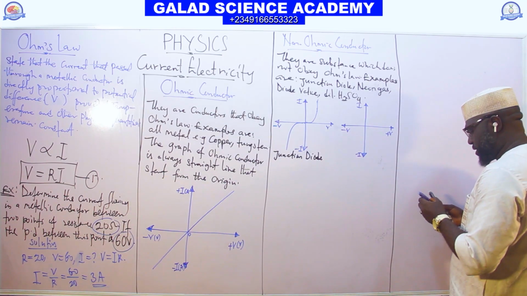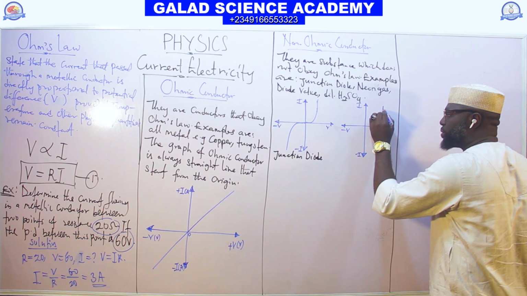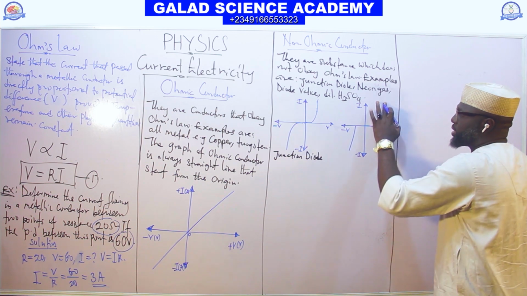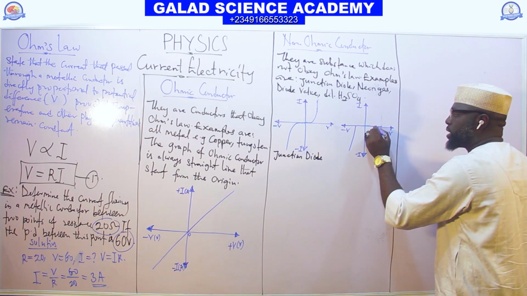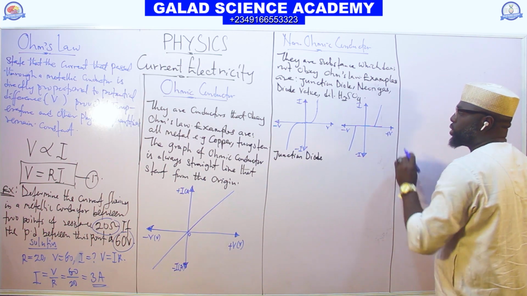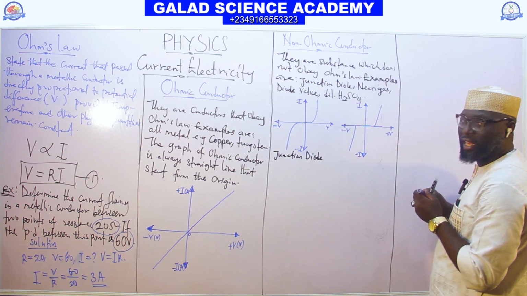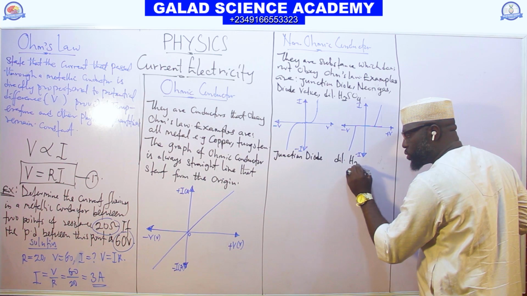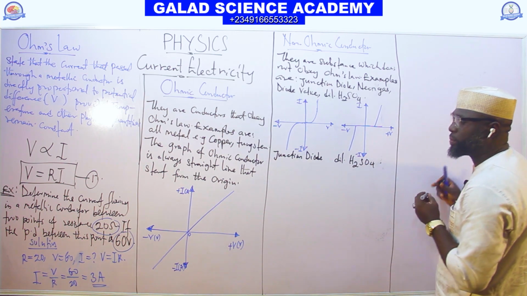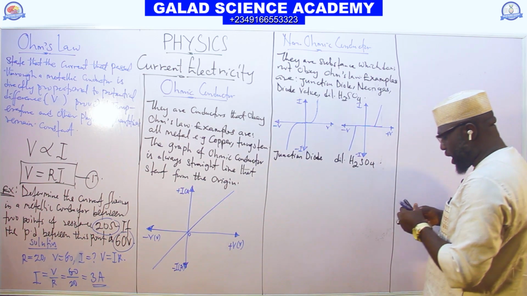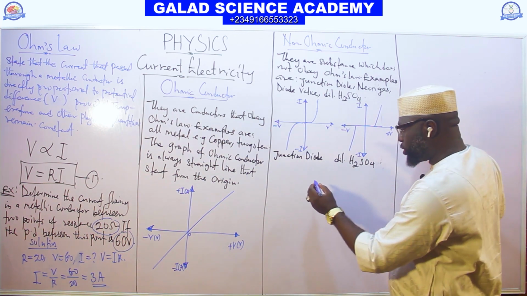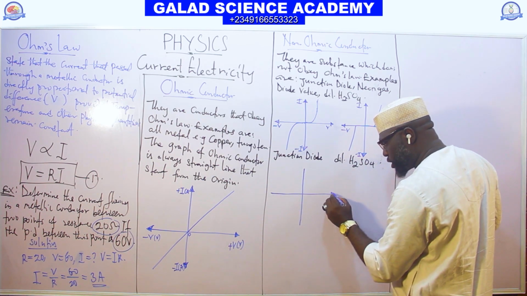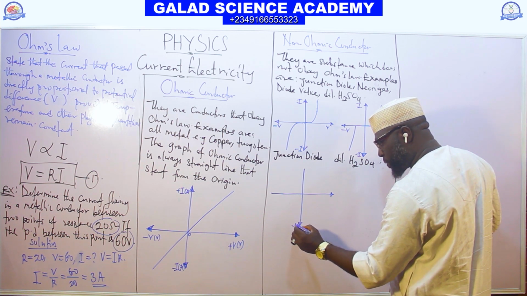We can also have a curve in this form. This curve represents the graph of dilute H2SO4. We can also have another graph of non-ohmic conductor, which is always in this form.